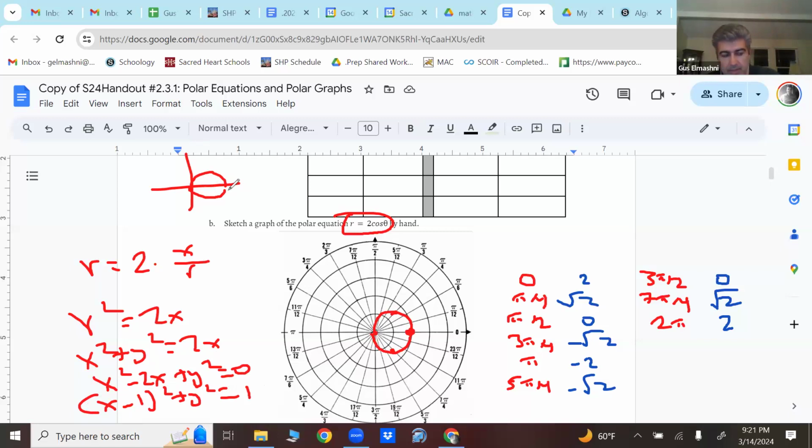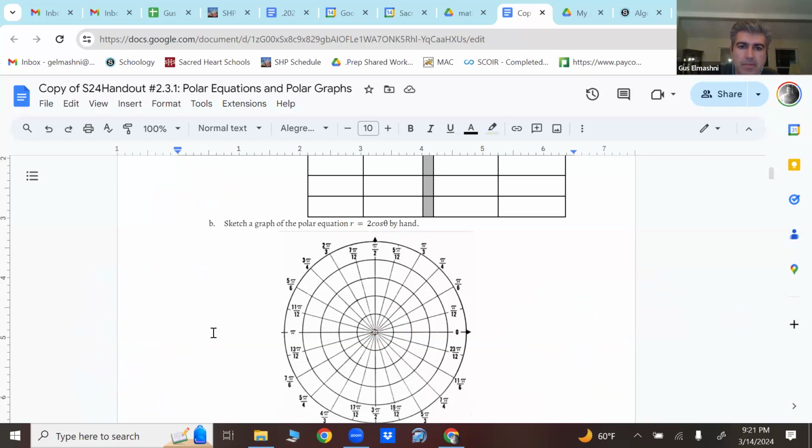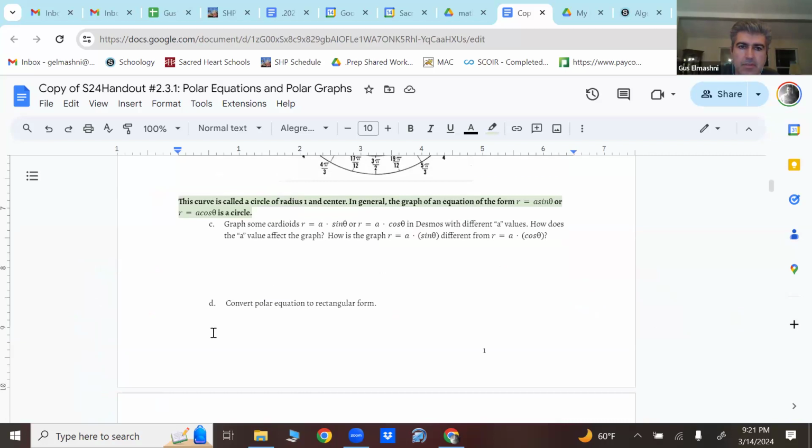So that's all. This curve is called a circle with radius 1 and center (1, 0), from the equation r equals 2 cosine theta.